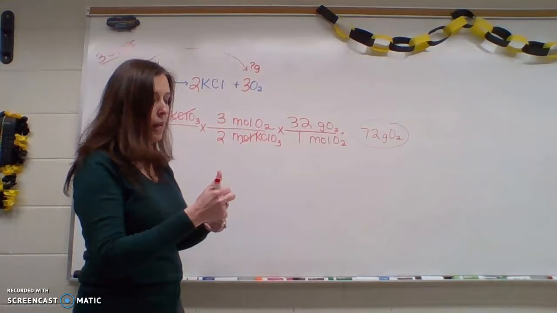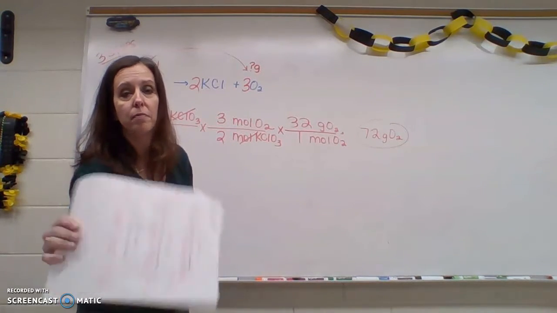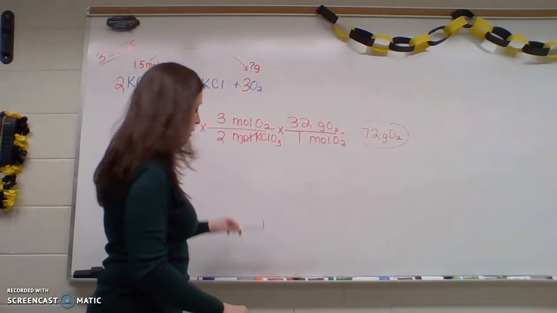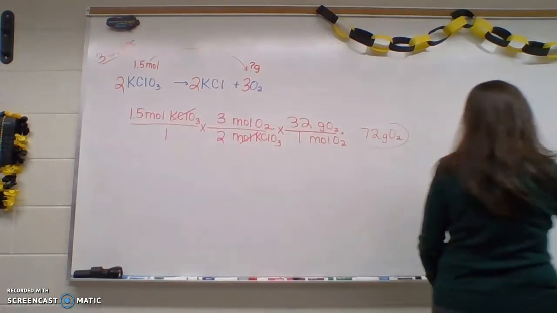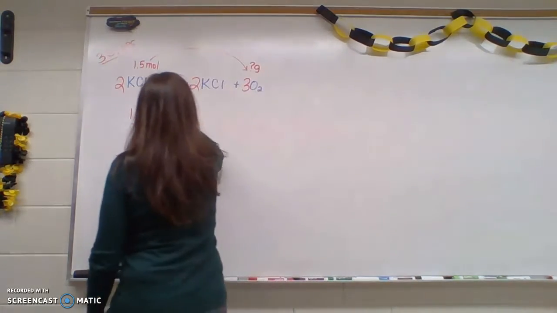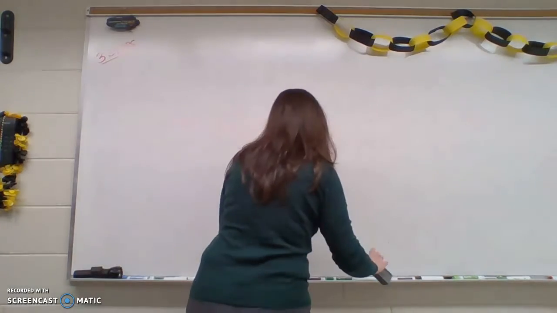Okay? I'm going to do one more example with you, which is example 6 on this page. So this was example 4. I'm going to skip down to example 6 and do one more with you. Okay, let's see.